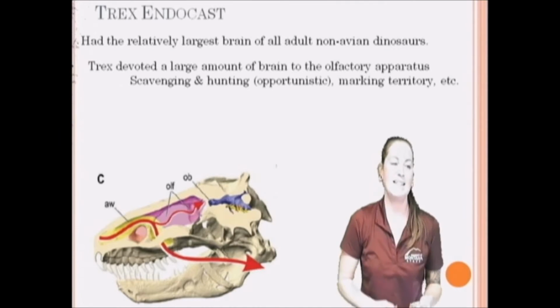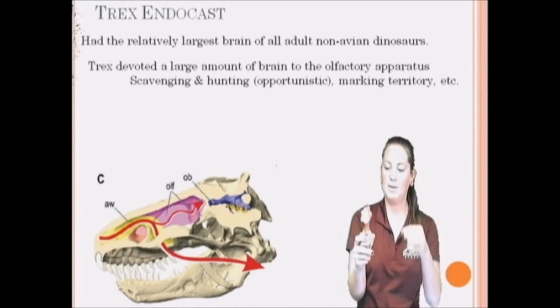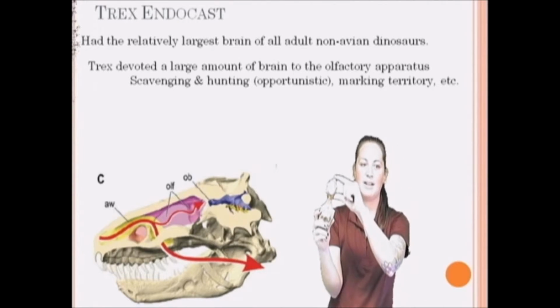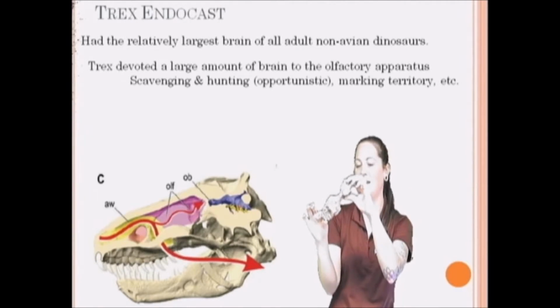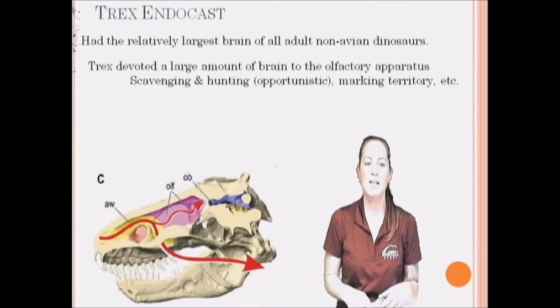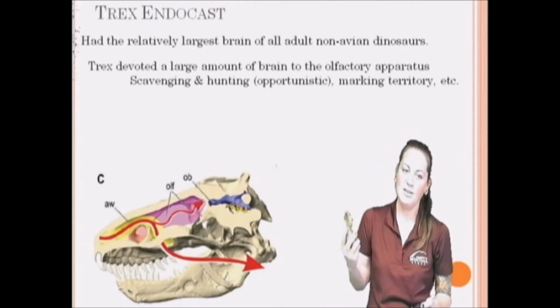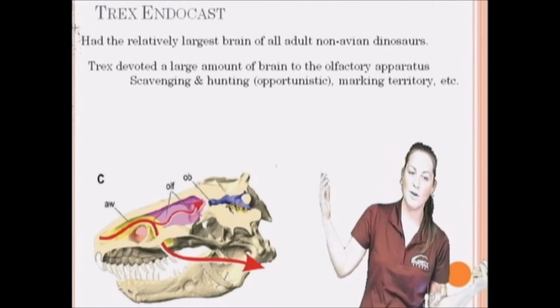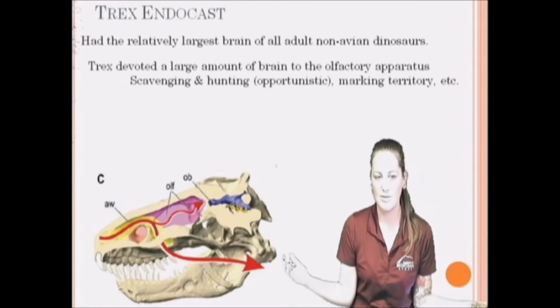So, again, T-Rex devoted a large amount of the brain. All of this area here is devoted to smelling. All of this is just the rest of the brain. So again, scavenging, hunting, we now know that T-Rex was opportunistic. I know that Jack Horner came out and said T-Rex could only scavenge.